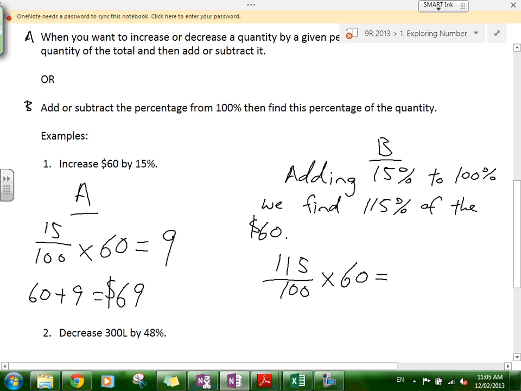You can also do 1.15, the decimal, times 60. That's also fine. So 115 over 100 times 60 is equal to the same, $69.